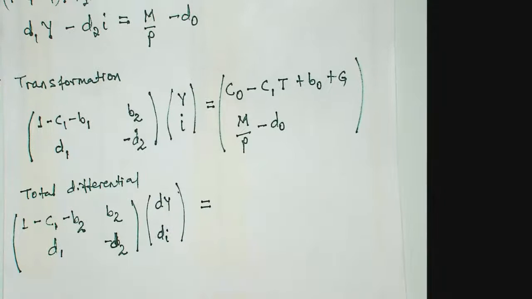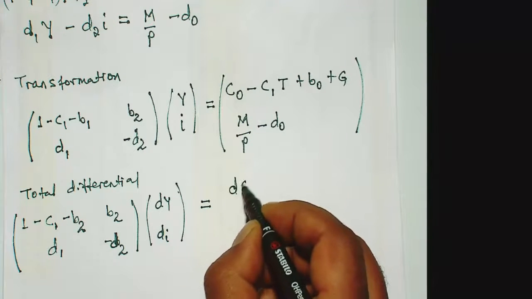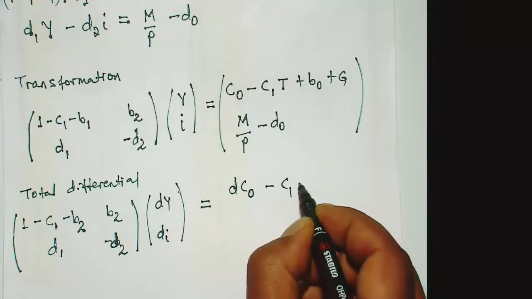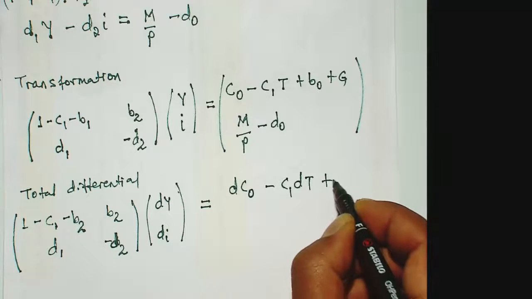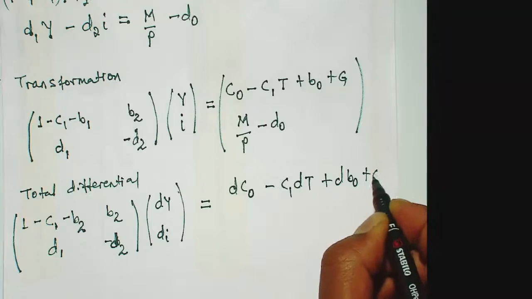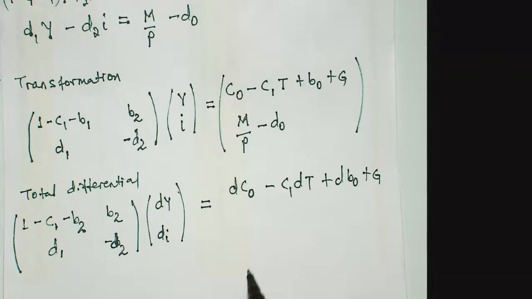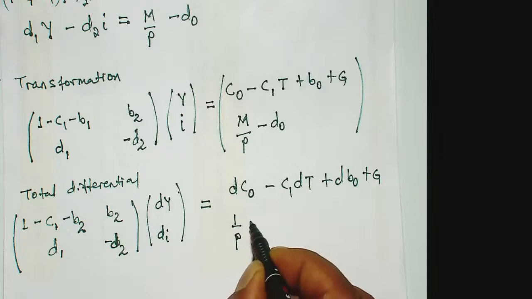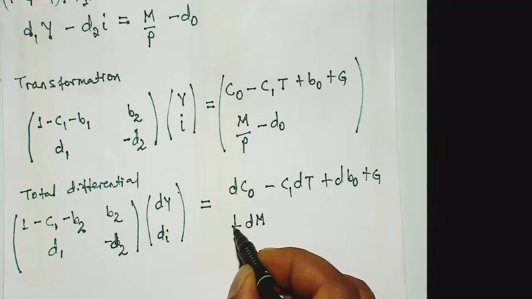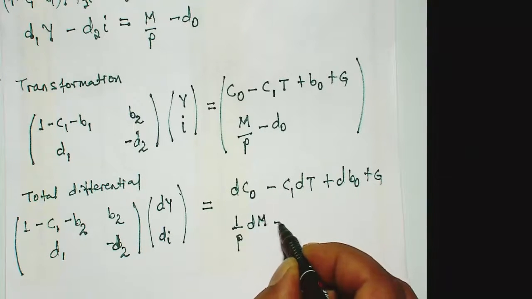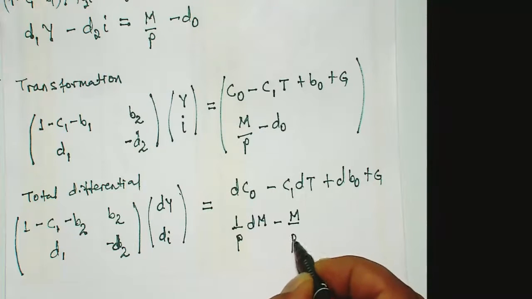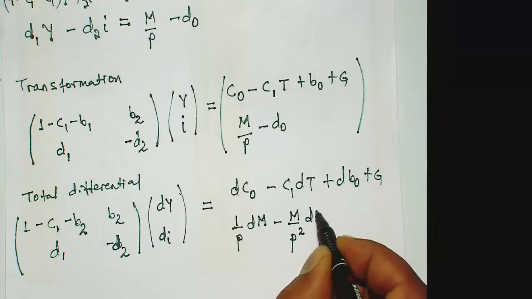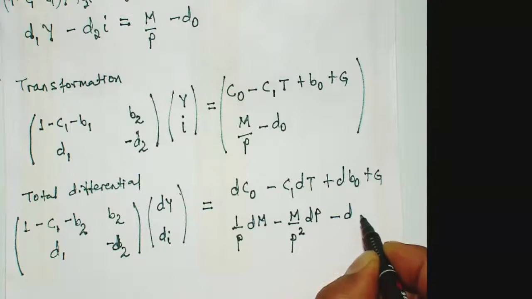The total differential of our IS curve is pretty much straightforward: dC0 minus C1 multiplied by dT plus dB0 plus dG. However, the total differential of our LM curve is represented by the formula dM multiplied by 1 over P minus M over P squared dP minus dD0.